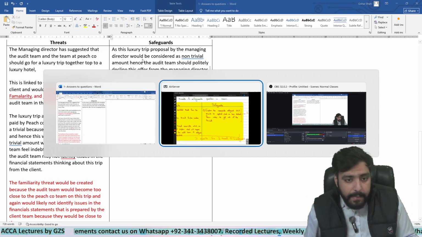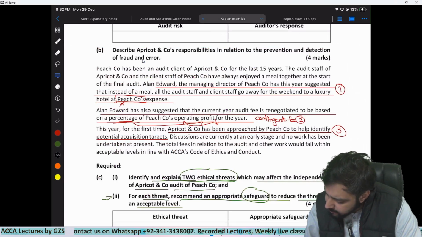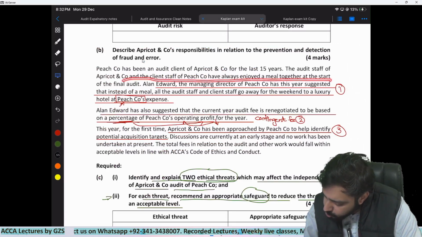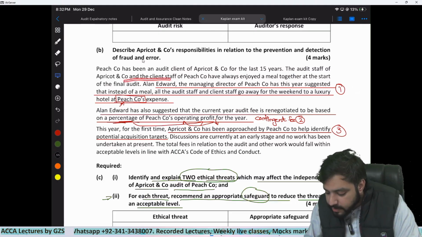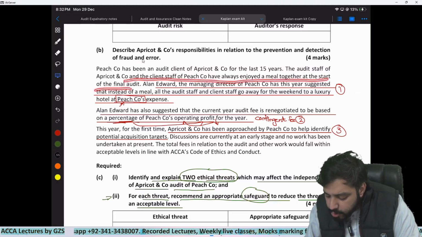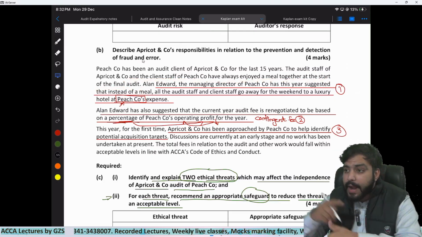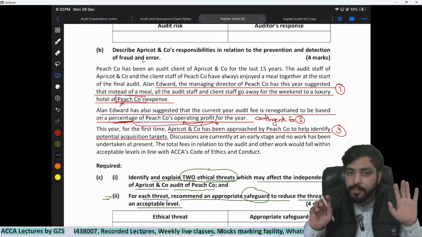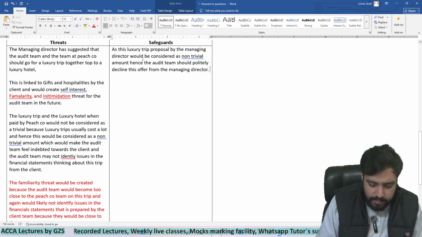Now if you remember, within our questions it was also stated that at the start of the audit we also enjoy a meal together. So in order to write something extra, I can also mention that yes, this is something that you can do only if the auditors pay for their own meals. If the client is paying for it, then this again would not be acceptable under the code. So let's write down our answer for that as well.